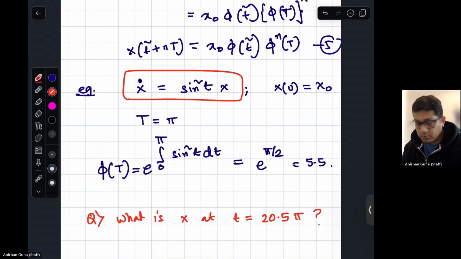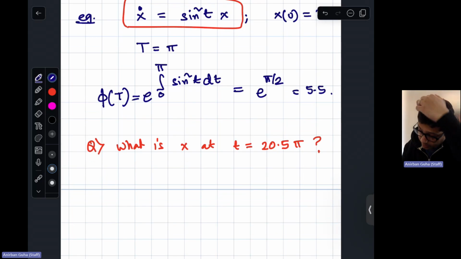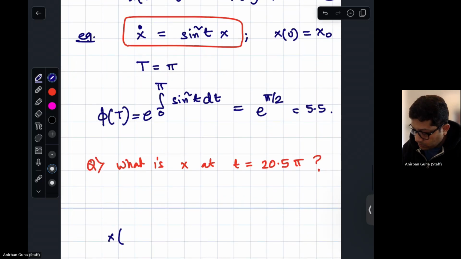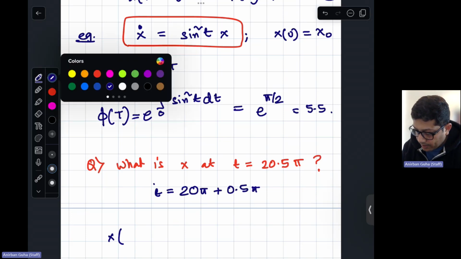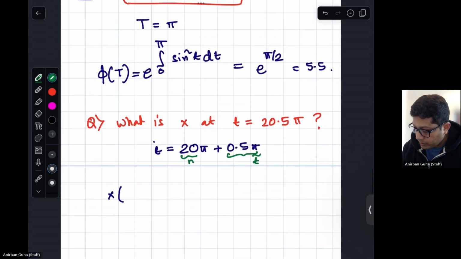The solution to that would be x at t equals 20 pi plus 0.5 pi. So this is your n, and this is your t tilde.